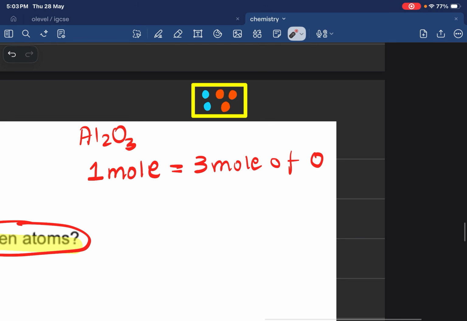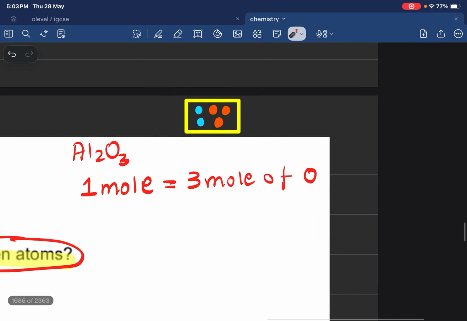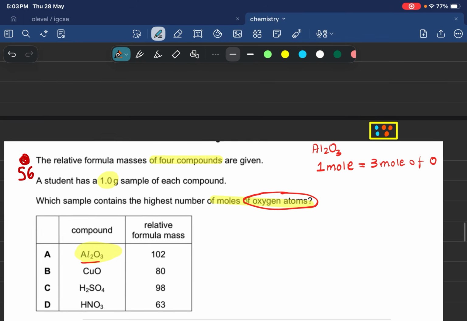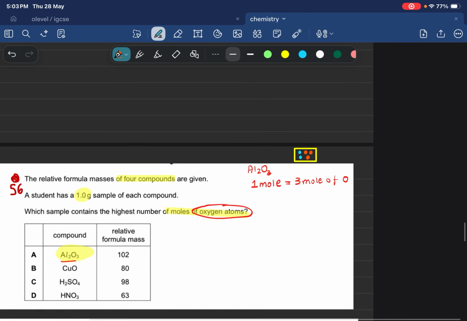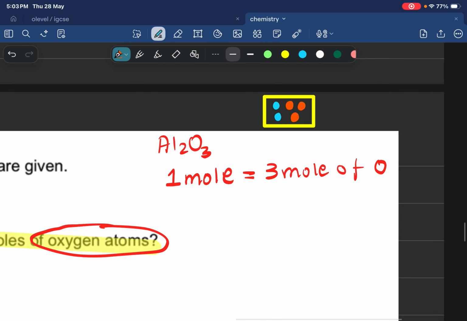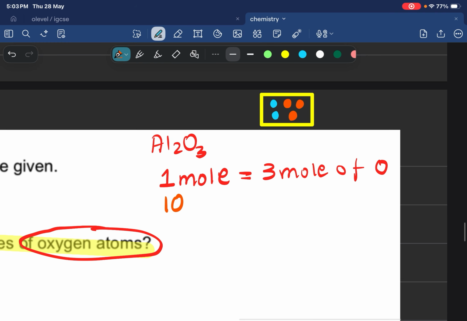Got it? So if 1 mole contains 3 moles of oxygen, then the relative formula mass is 102. 102 grams, that's the mass of 1 mole, will have 3 moles of oxygen.